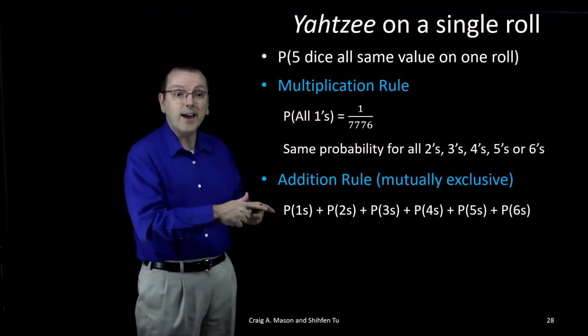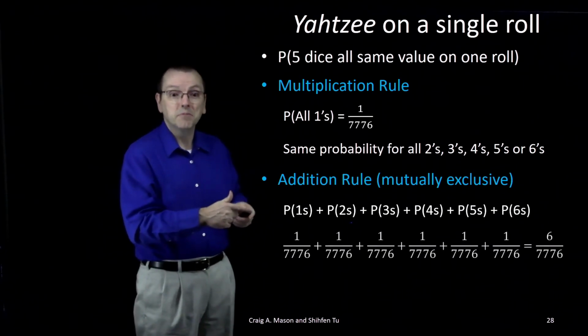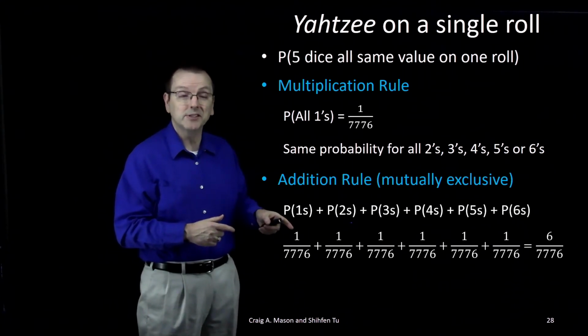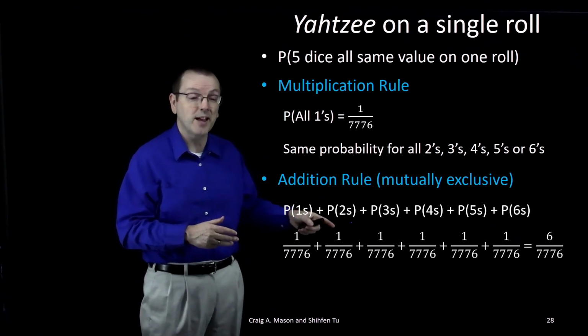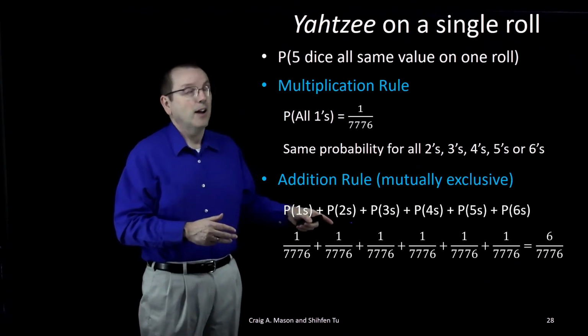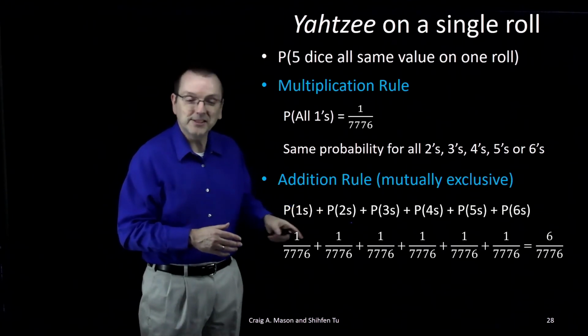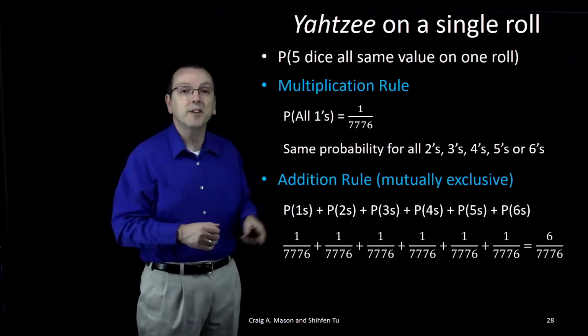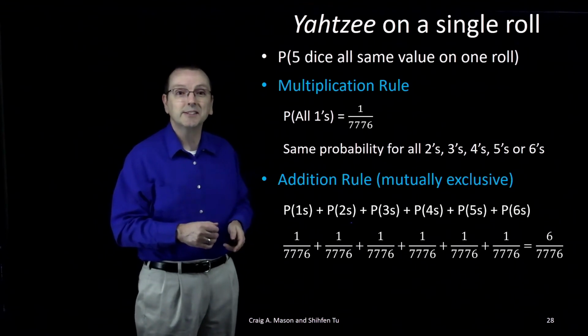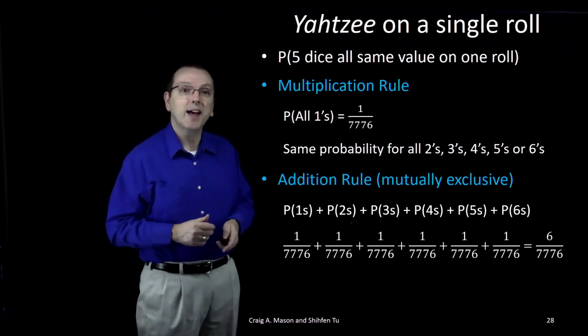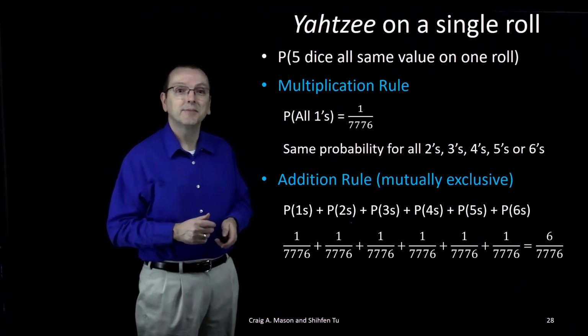Well, that is just 1 over 7,776 plus 1 over 7,776 plus 1 over 7,776 plus 1 over 7,776. I was never going to make that. Plus 1 over 7,776 plus 1 over 7,776, which solves to 6 over 7,776.